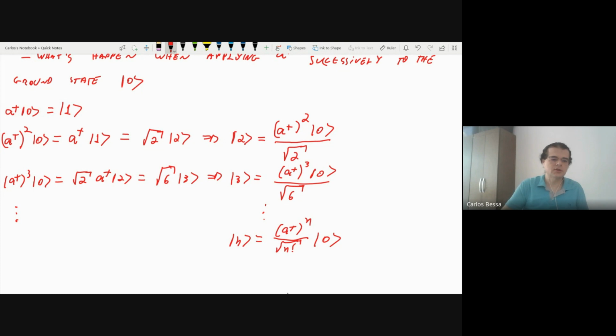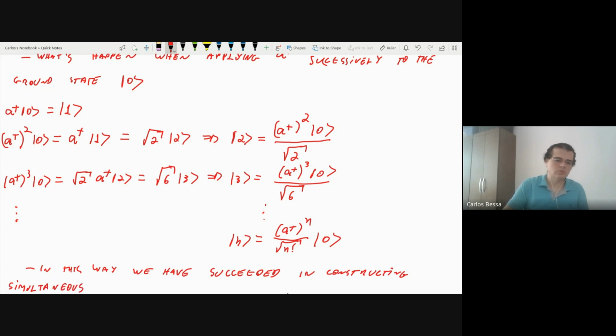So in this way, we have succeeded in constructing simultaneous eigenkets of the number operator n, remember, n was defined as a dagger a, and the Hamiltonian H that was defined before, with eigenvalues.